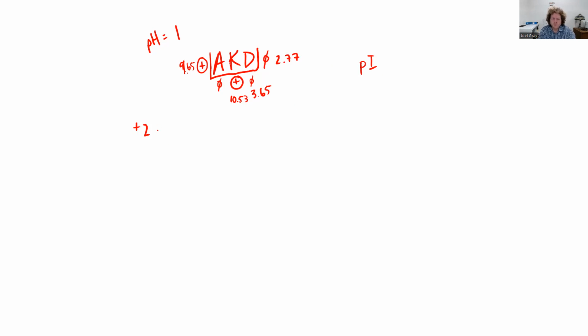Now, this has 4 groups that are ionizing, groups that will either go from positive to nothing or nothing to -1. What that means is that my molecule will go from a +2 charge to a +1 when the first group is deprotonated. The first group deprotonated is the C-terminus of the aspartic acid.